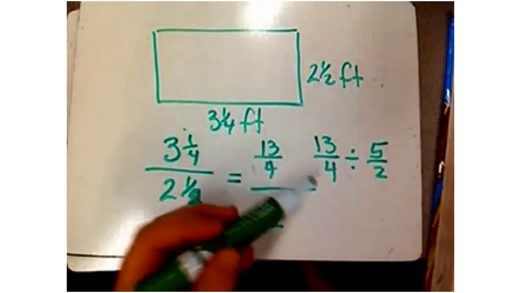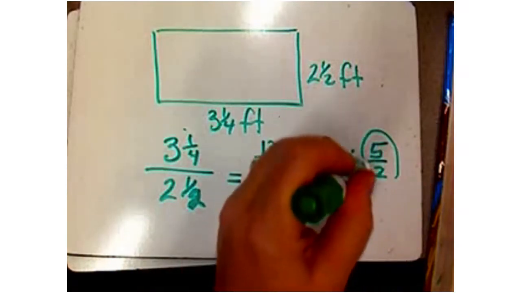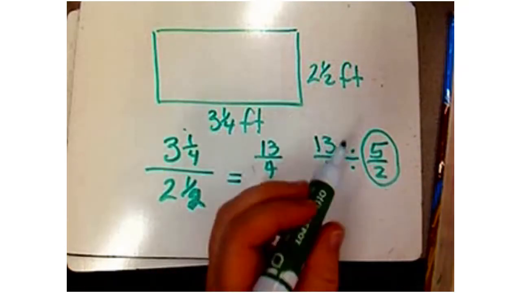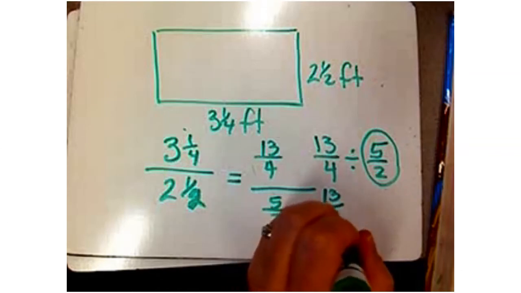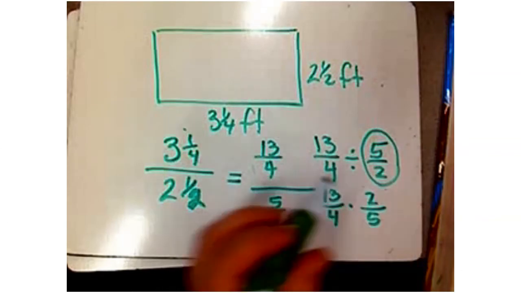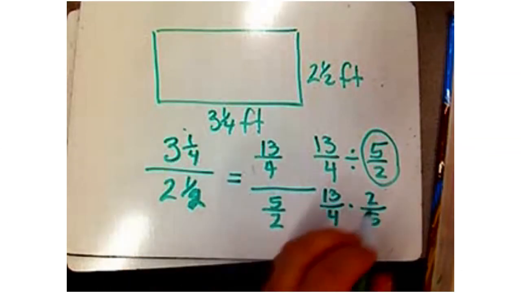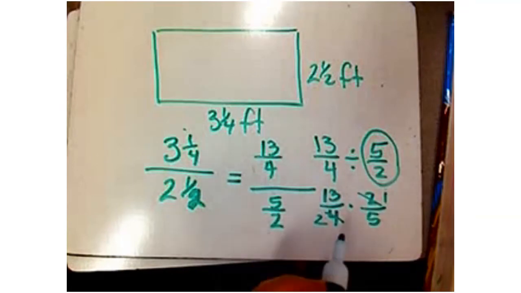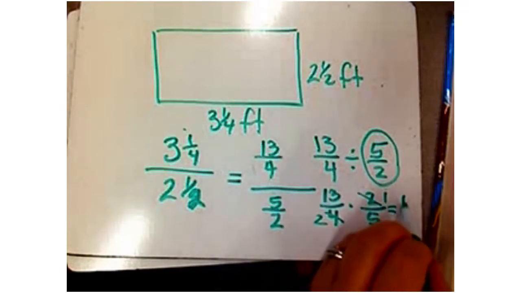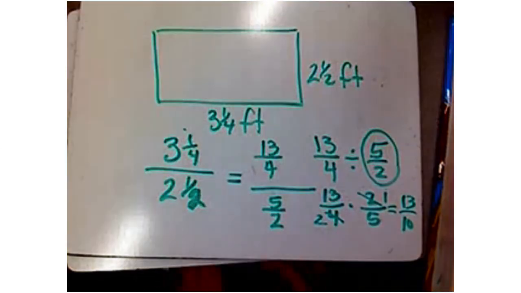You know what to do with that in fraction line. You're going to flip and multiply, right? So you're going to flip your second fraction and change to multiplication. So you actually have 13 over 4 times 2 over 5. You can do some simplification, and you end up with 13 over 10 is your ratio, and you can just leave it that way. 13 is to 10, okay?